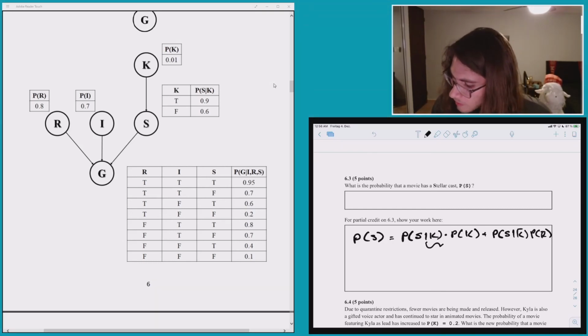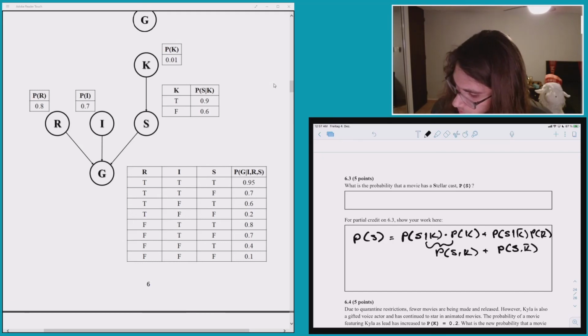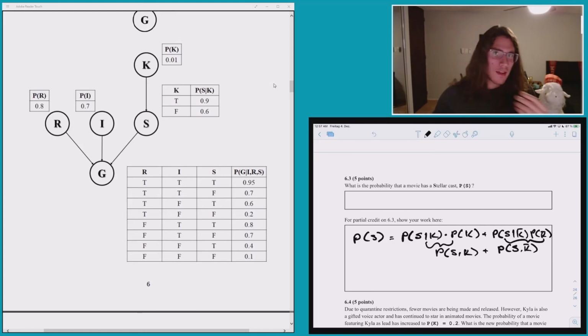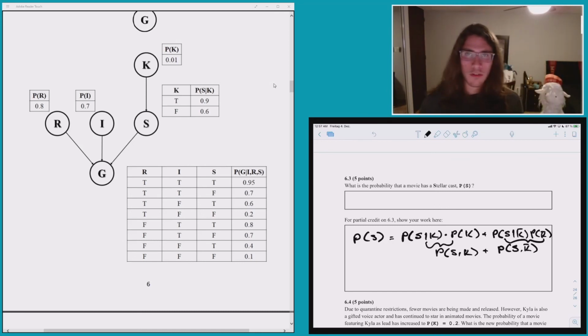Remember that this is the probability of S and K being true, plus the probability of S being true and K being false. And that is none other than the exhaustion principle. So I'm summing all the universes where K is true and S is true, and the universe where S is true but K is false. And that would give me the total universe where S is true.